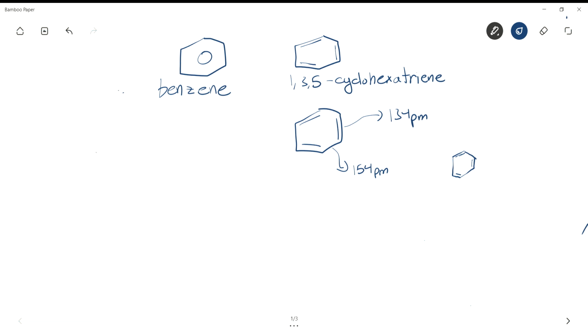Now what you also want to take into account is that there are 2 pi electrons localized here, and there are 0 pi electrons here. And this goes continuously throughout the ring of 1,3,5-cyclohexatriene.